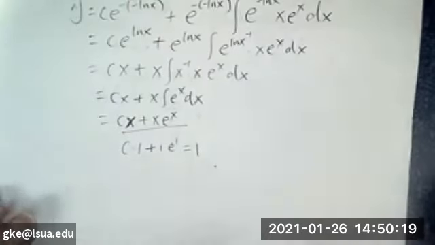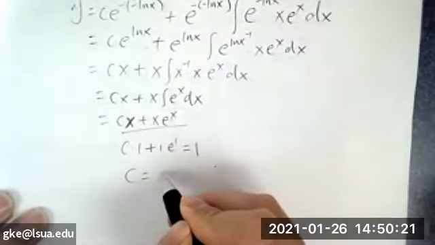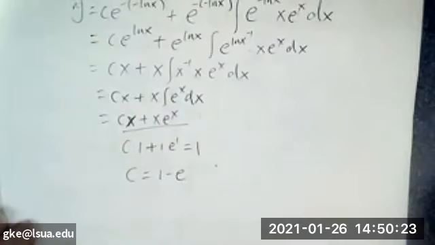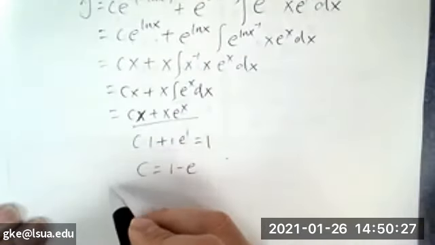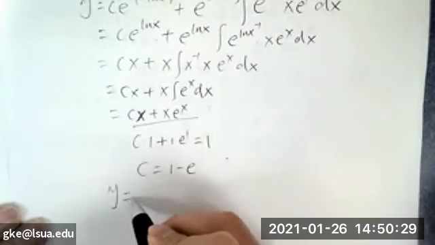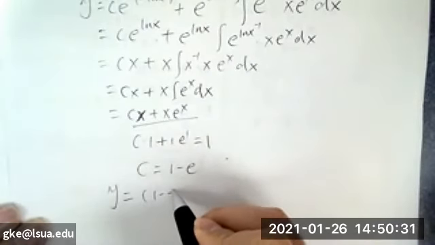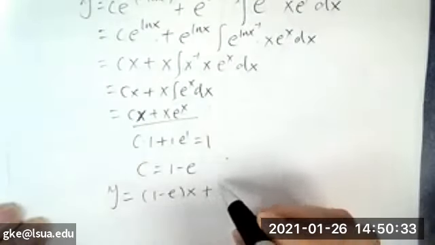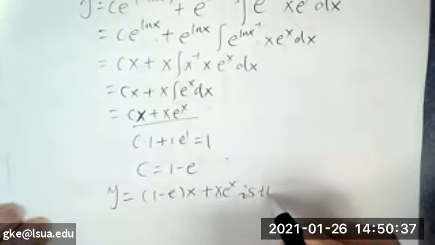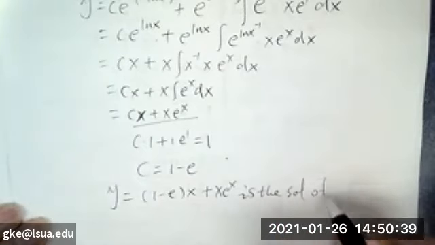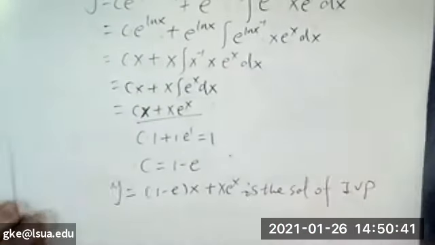Okay. And the C, you can solve, the C is 1 minus e. And plug it back, you're gonna find the solution of the IVP. Okay, that's it.